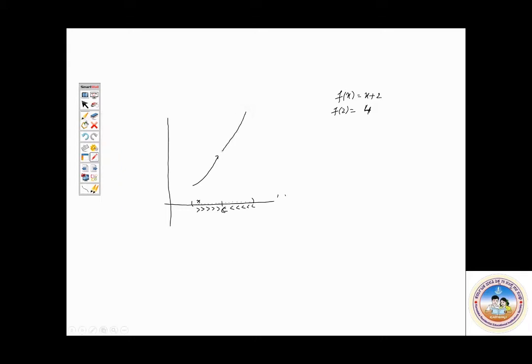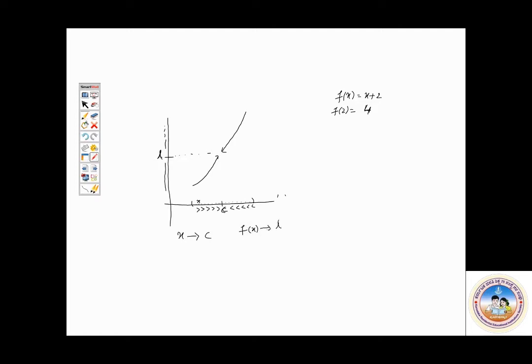Both sides, it is approaching a value, say L. That is, when x approaches C from both sides, x is tending to C, f of x approaches L.